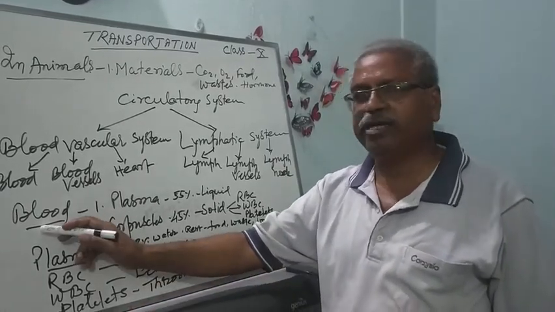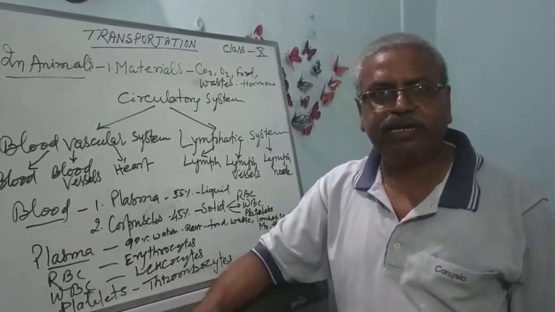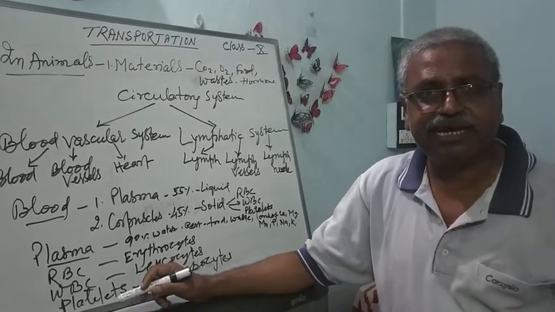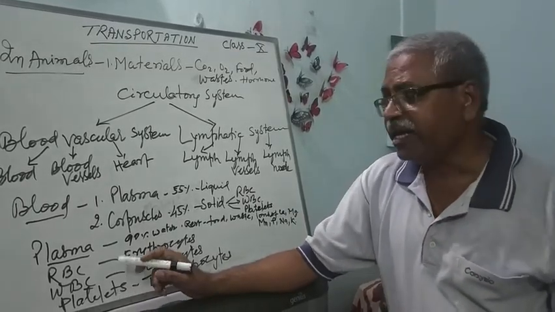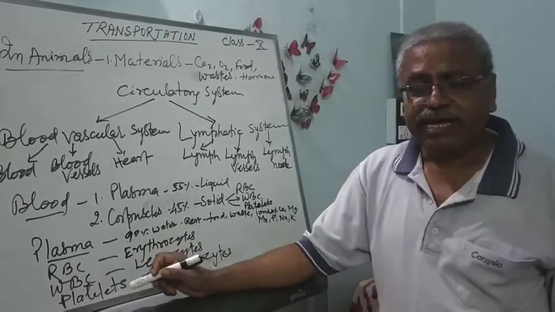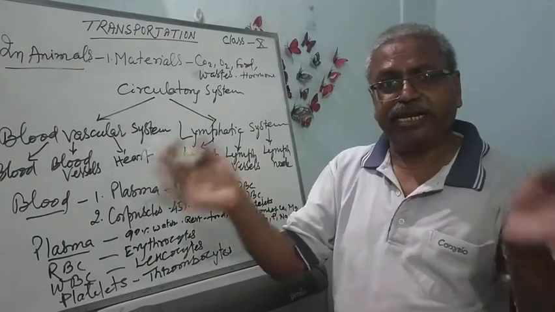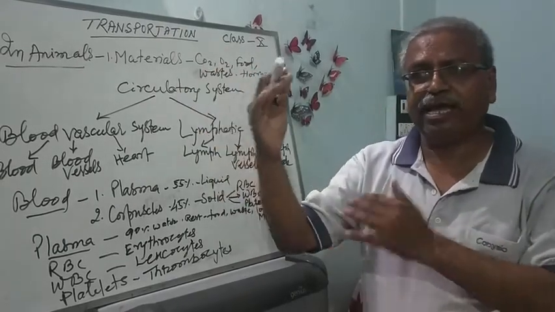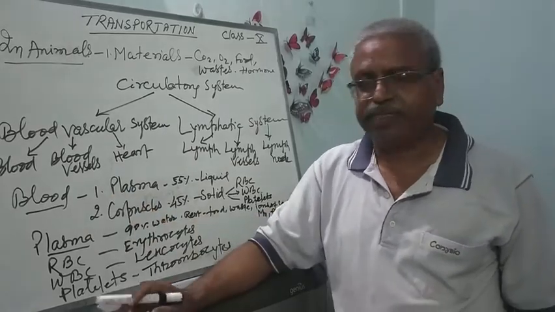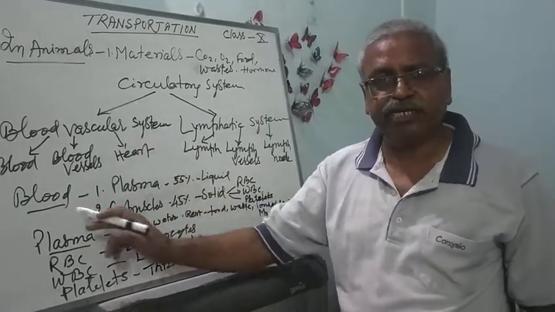Now comes to the point, blood. Blood, as you have seen, is red in color. It is a liquid, and since it connects a part of the animal to another part, it is a connective tissue.